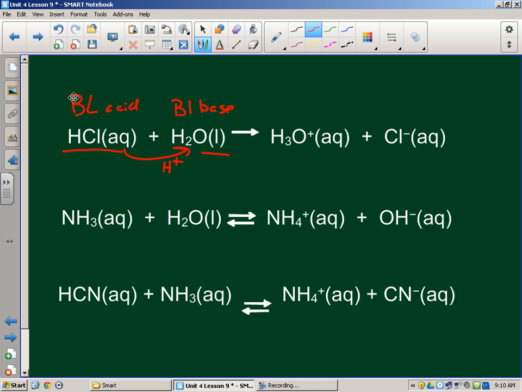Which one accepts the proton? Right? H2O should be your Bronsted-Lowry acid, yes? Correct? The H coming from the water is getting added onto the NH3. H+ comes from water, adds itself onto NH3 to get NH4+.